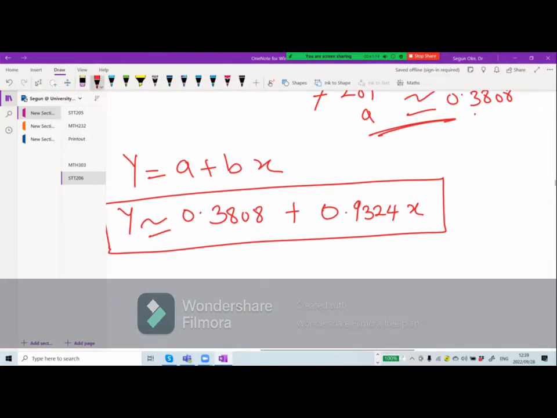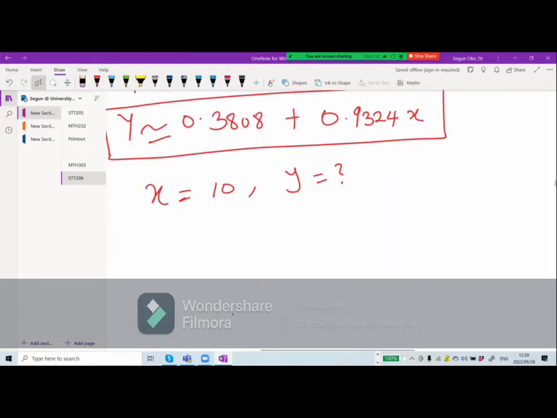If x is equal to 10, what is going to be y?